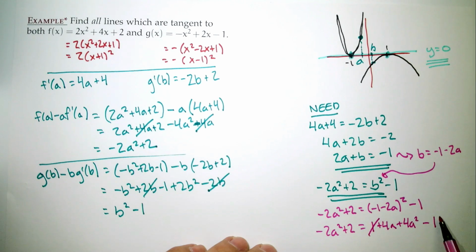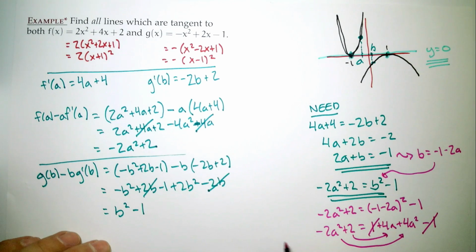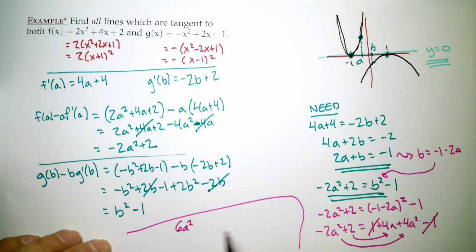And now we say, okay, cool, move everything to one side. We're going to get 6a squared, because there's 4a squared plus 2a squared, 6a squared. Then we get plus 4a, and then we get minus 2 equals 0. Which we could also say 3a squared plus 2a minus 1 equals 0.